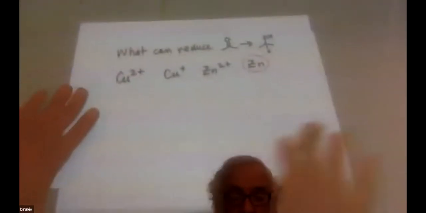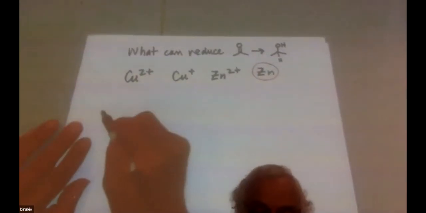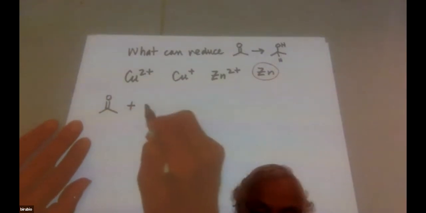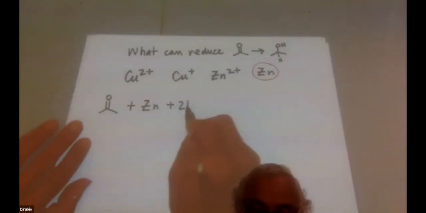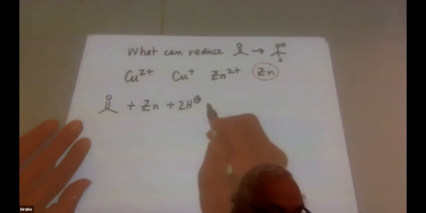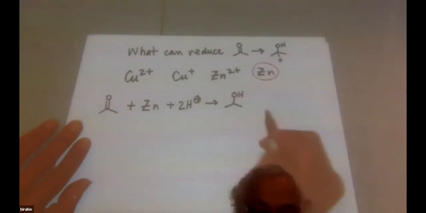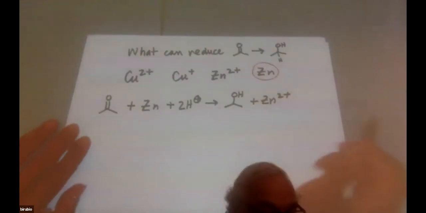Okay, so the reaction that we want to happen is the ketone plus zinc metal plus 2 protons going to the alcohol plus zinc 2+, right?